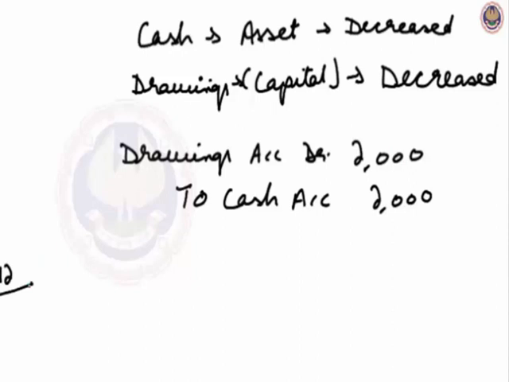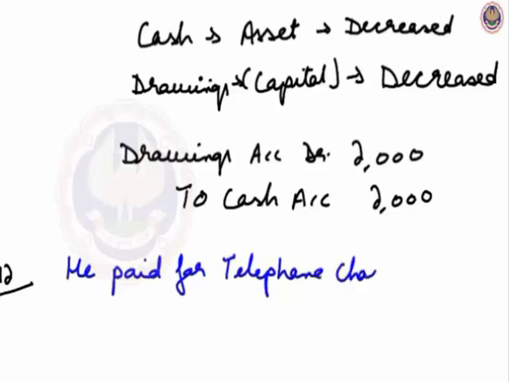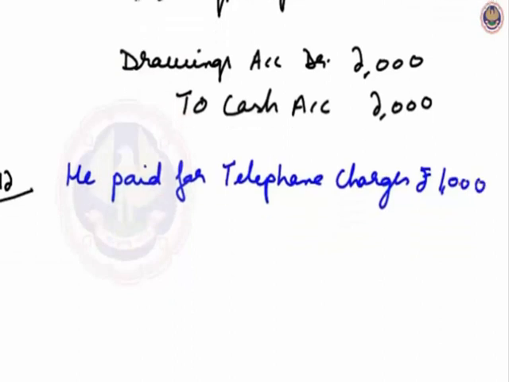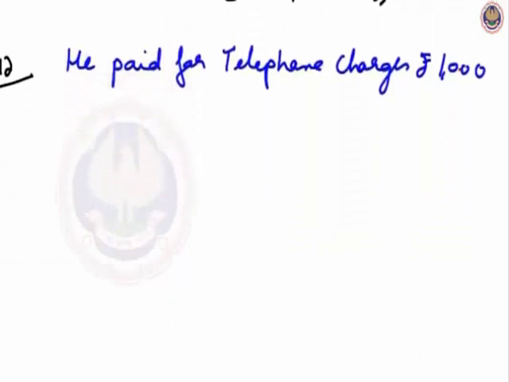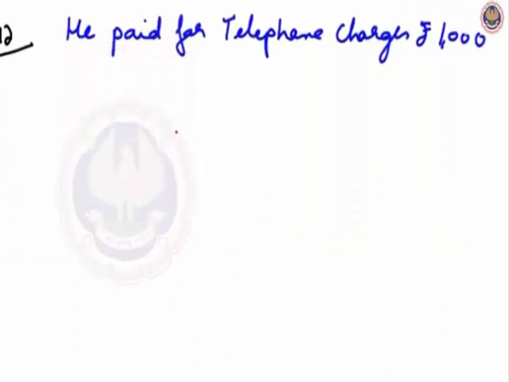The 12th transaction. He paid for telephone charges. How much amount he paid? Rupees 1000. Telephone is an expense, so it is paid in cash itself. So things involved: first is cash.